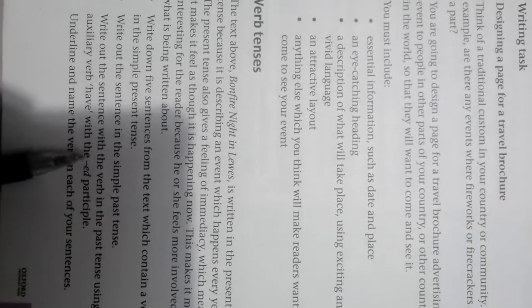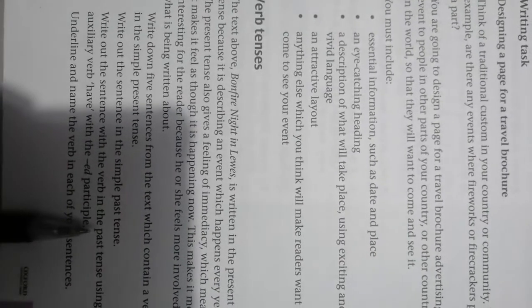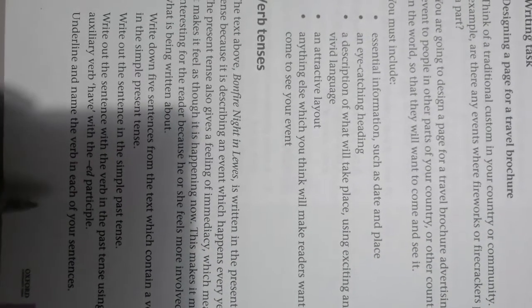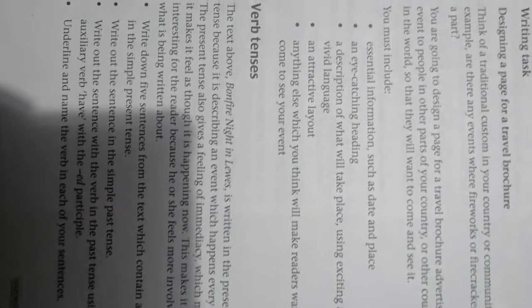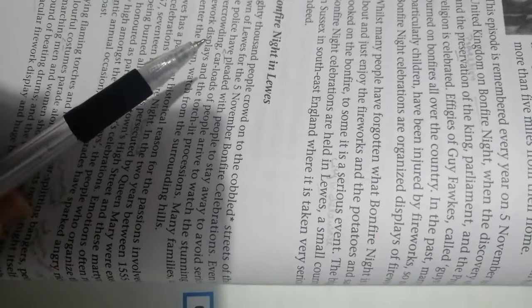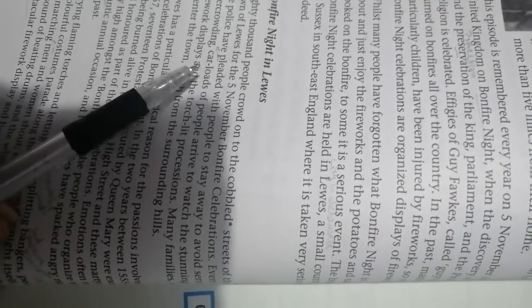Here this ed means past participle, and you will have to underline and name the verb in each of your sentences. Okay, now let me give you an example. For example, here we have a sentence which is in a present tense.